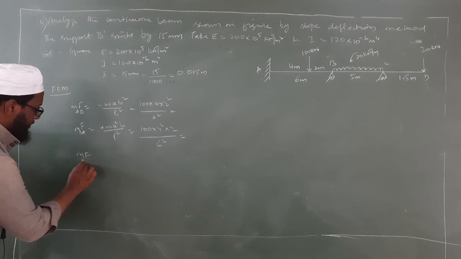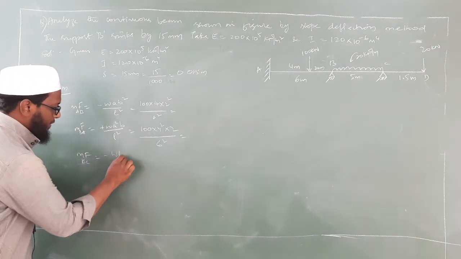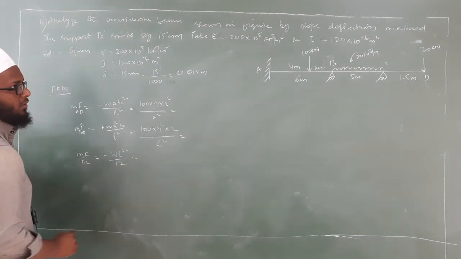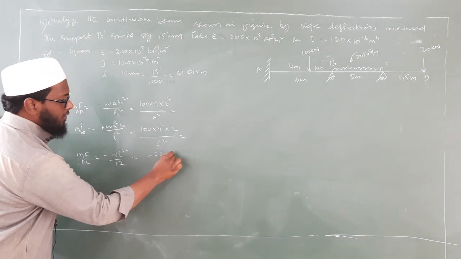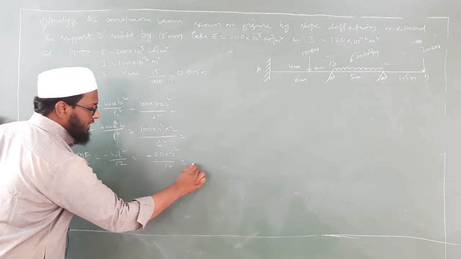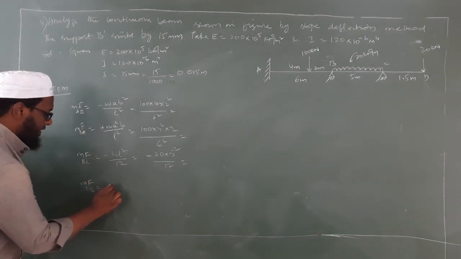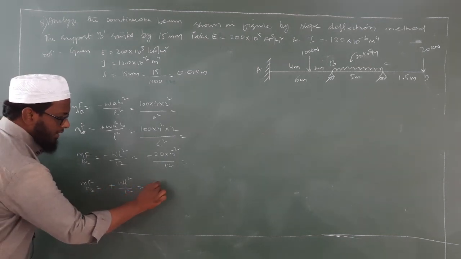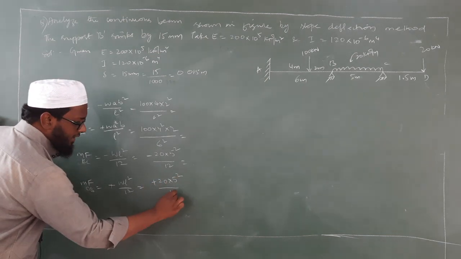Next, we will go for MFBC. MFBC is minus WL square by 12. So minus 20 into 5 square divided by 12. You get the value. Similarly, MFCB is equal to plus WL square by 12, that is plus 20 into 5 square divided by 12.